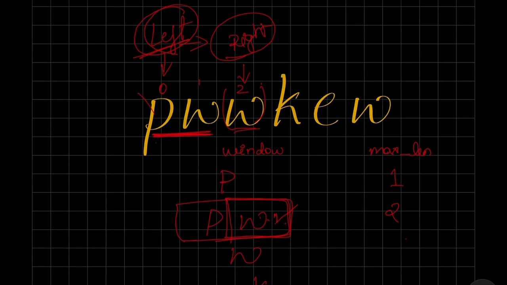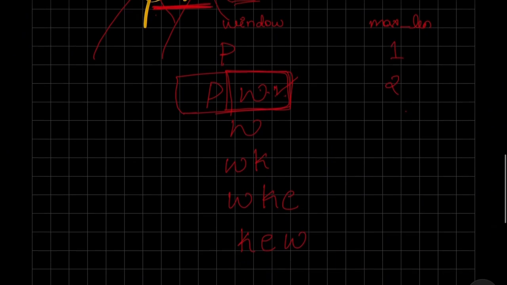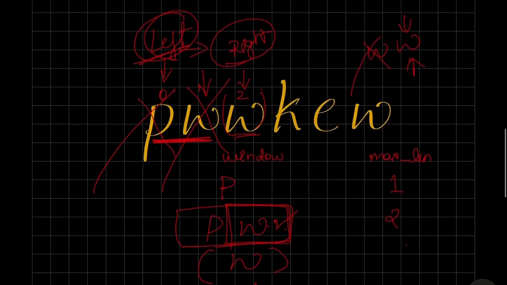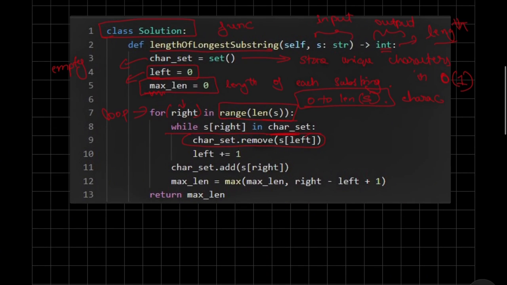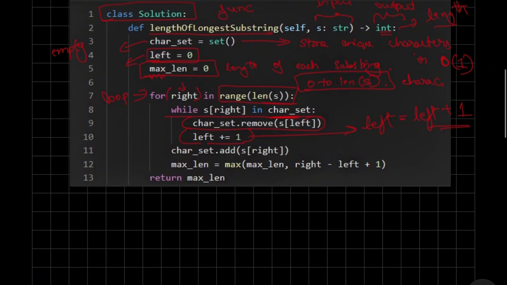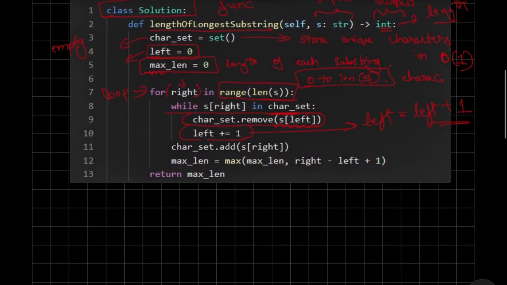Which means we slide over to w, then we'll have the window of w, and then again we slide over, so there is only one w left. So this will be our new window. Let's see here, left plus equals 1. We have to keep sliding over the left pointer to remove the duplicate character.